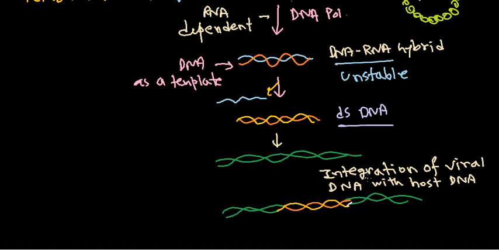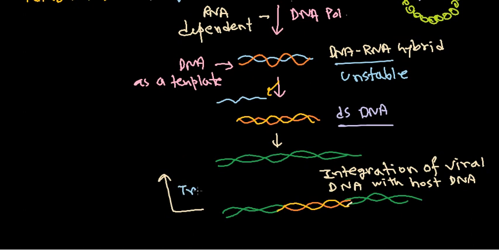After this integration, they will start using all the proteins and enzymes produced by the host cell, all the protein synthesis machinery of the host cell, and they guide this process to generate positive stranded RNA or positive mRNA, which can be easily generated from a double stranded DNA via a process called transcription.